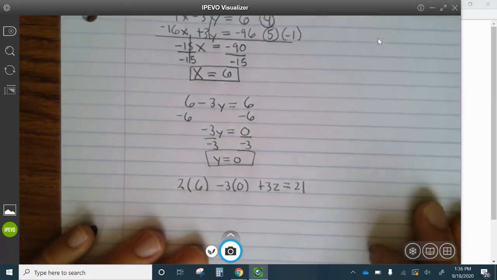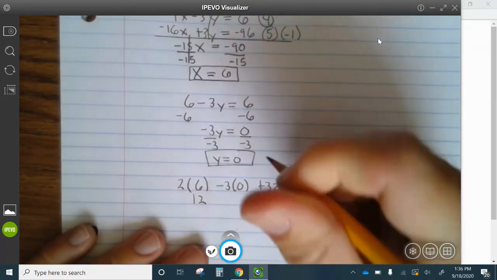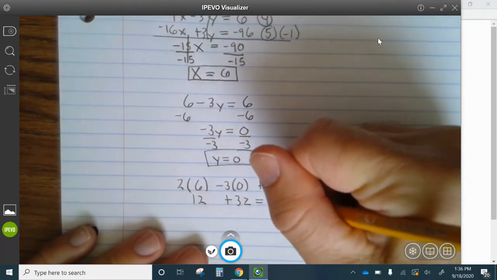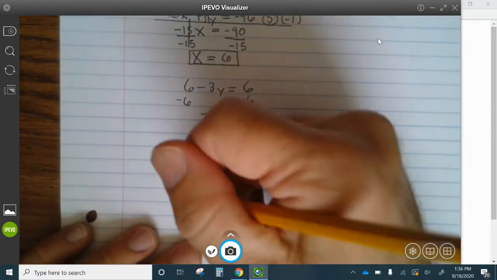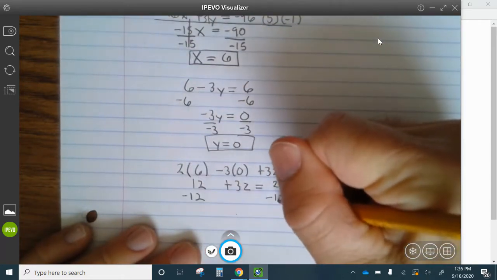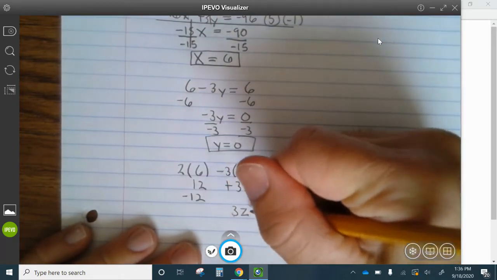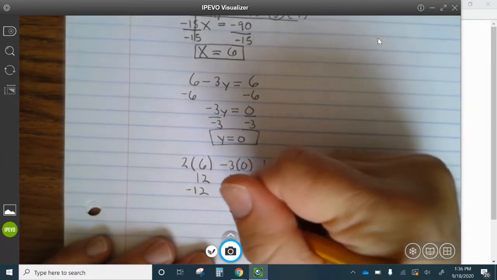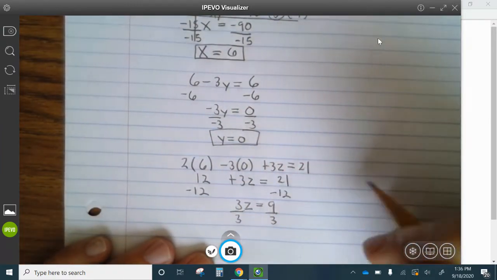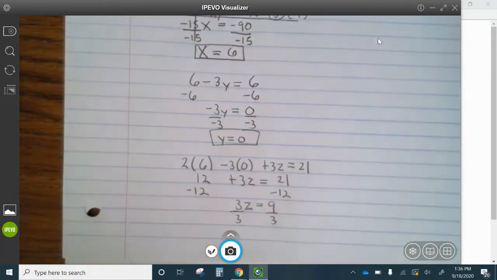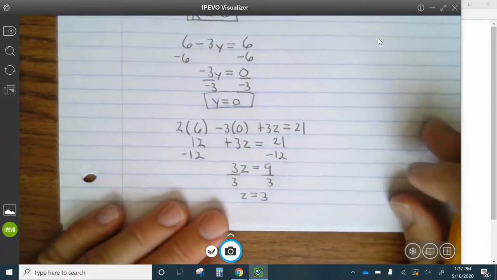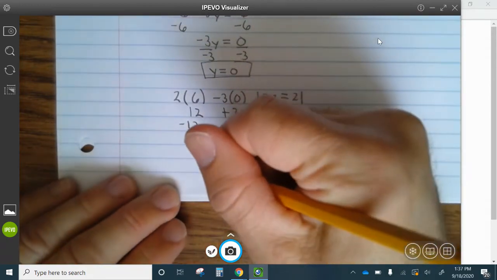That's just 0, plus 3z equals 21. Subtract 12 from both sides. You get 3z equals 9. Divide both sides by 3. Z equals 3. So your answer is 6, 0, 3.